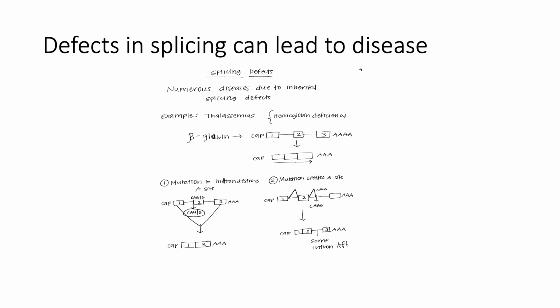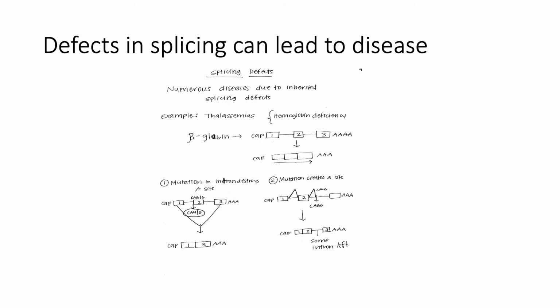Now there's another example where you can actually create a splice site, also by mutation. So here you have the 5' cap and the 3 exons, and this is just for illustration purposes, and what I'm showing is that in the intron there's a sequence. I hope you can't really read that. Maybe if you enlarge it you could.